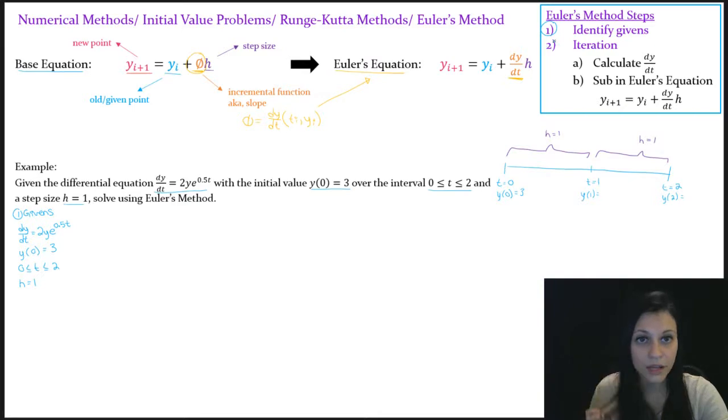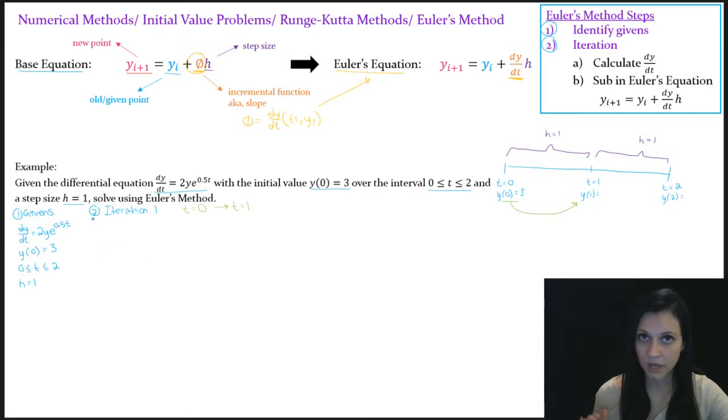So next I can go ahead and perform my first iteration. And this iteration is going to go from t equals 0 to t equals 1. So we're going from here to here.